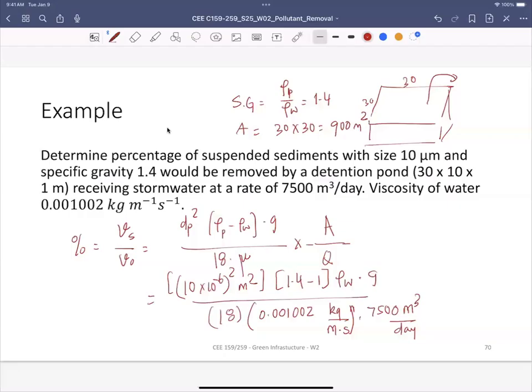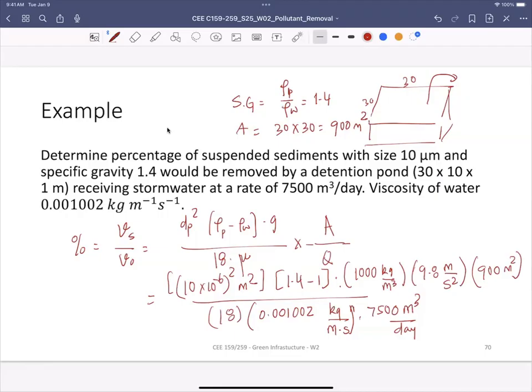Now you have to multiply the area on the top also. Let's write each of them out. The density of water is 1000 kilograms per cubic meter, and the acceleration due to gravity is 9.8 meters per second squared. The area is 900 square meters. So the meter squared, meter cubed units all cancel.